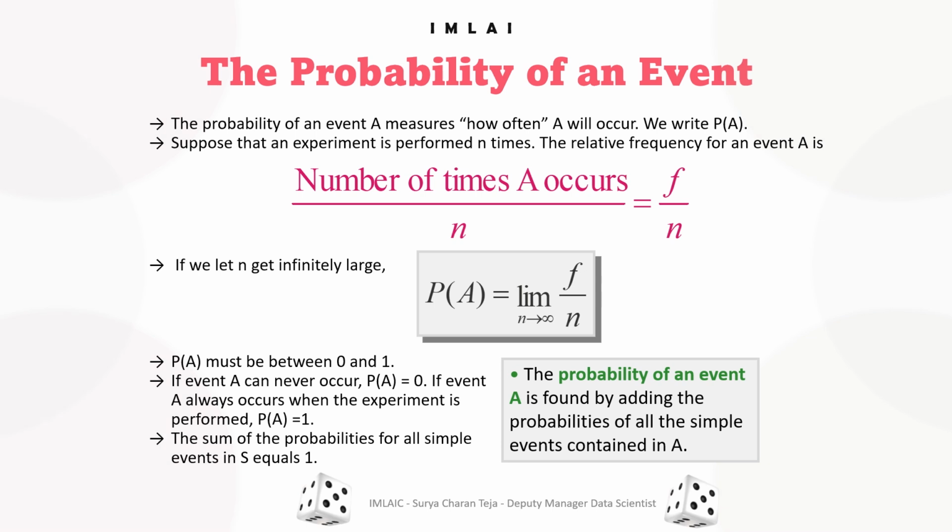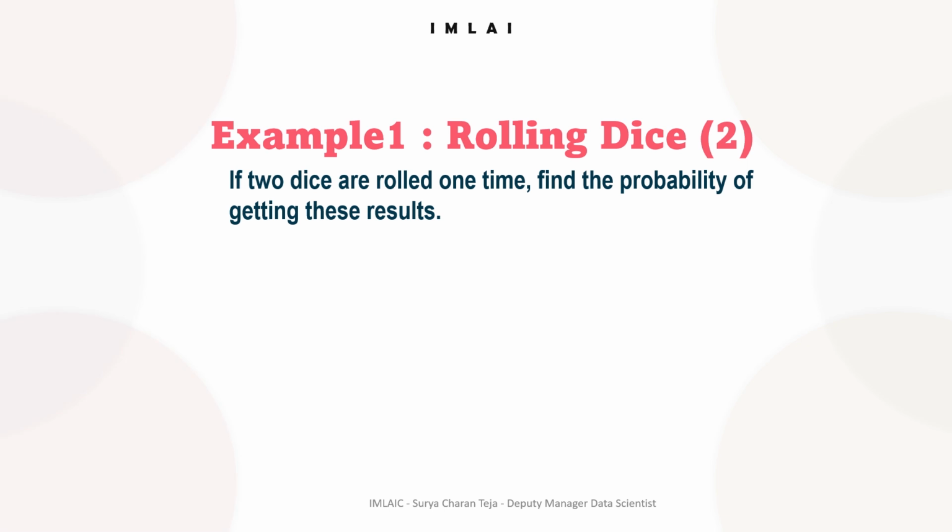Now it's time to calculate the probability of an event. Let's take one example: rolling a dice. We will take a bit of a complex example.